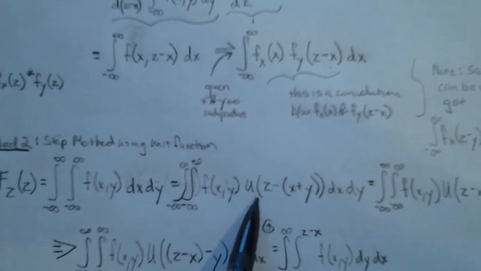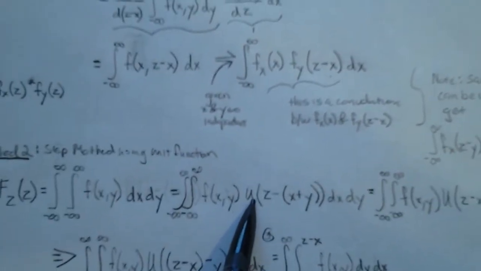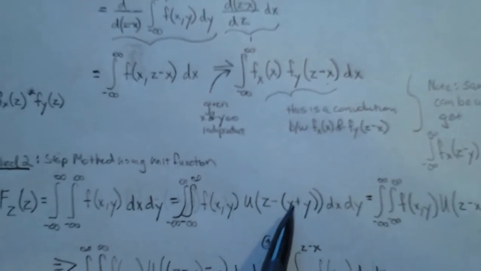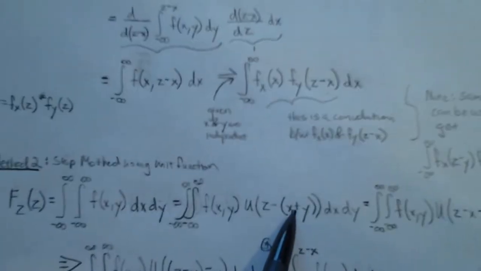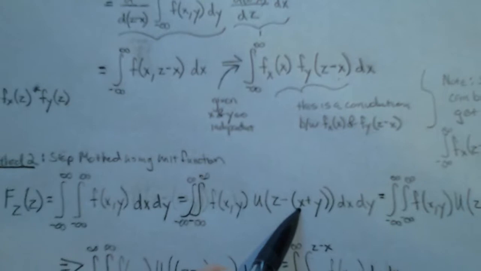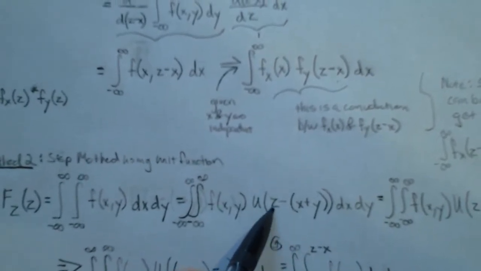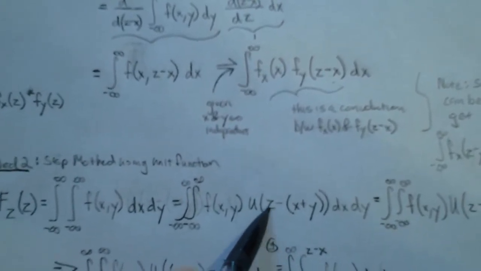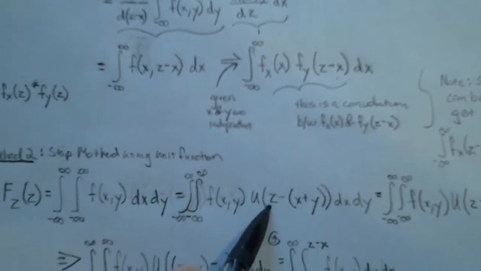And the way we define it, like any unit function, there's going to have to be a limit, and we define it here as x plus y because of our equation right up here. So this means we're only defining z's where z is greater than or equal to x plus y.